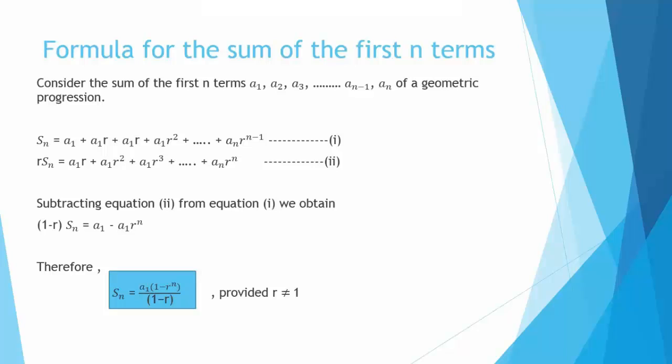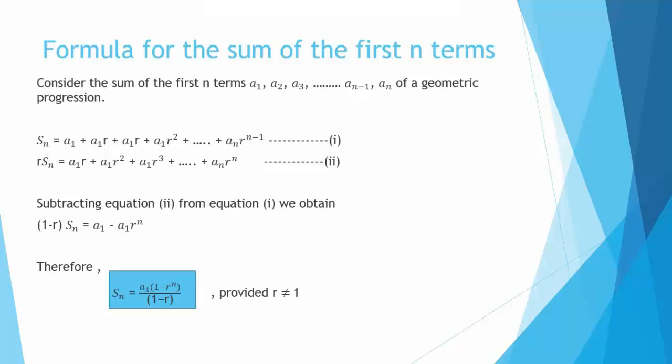Formula for the sum of the first n terms. Consider the sum of the first n terms a1, a2, a3 up to a(n-1), an of a geometric progression. Then Sn equals a1 plus a1 r up to a1 r to the power n take away 1, which is the first equation. Then by multiplying both sides by r, we get r Sn equals a1 r plus a1 r squared up to a1 r to the power n.